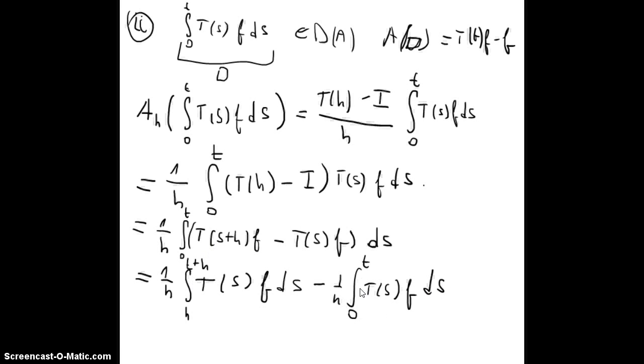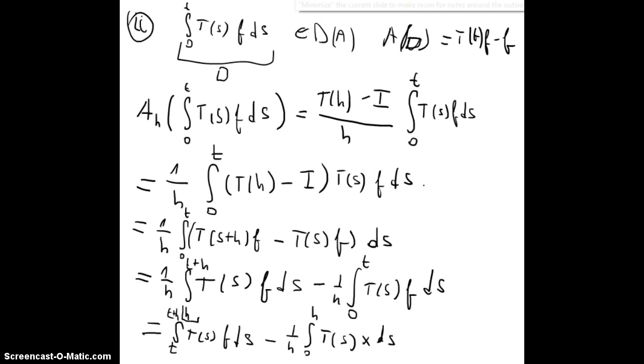Here we didn't change anything, so now this will be equal to the integral, okay, let's separate. The first integral is from h to t plus h of T_s f ds, minus 1 over h times the integral from 0 to h of T_s f ds. So let's make some room here.